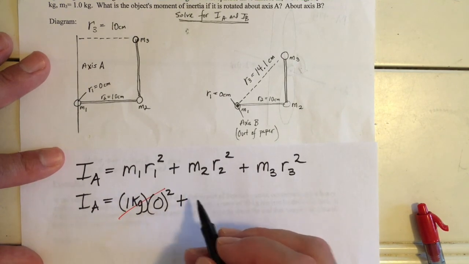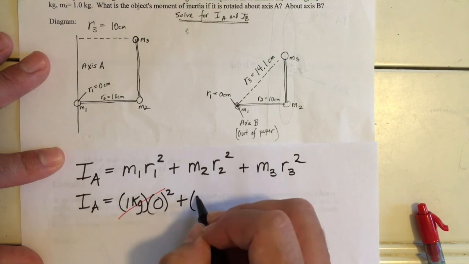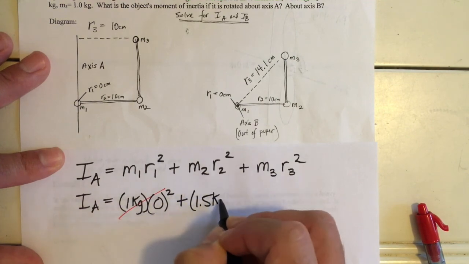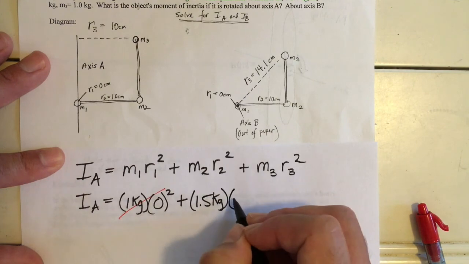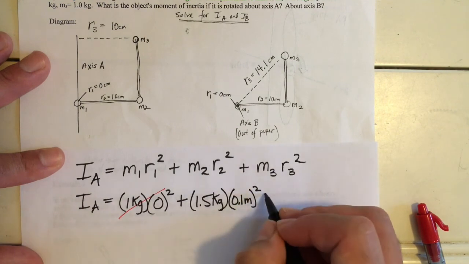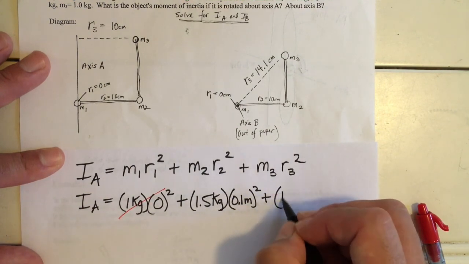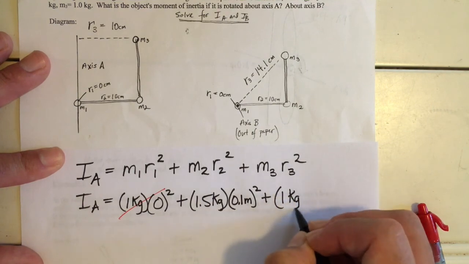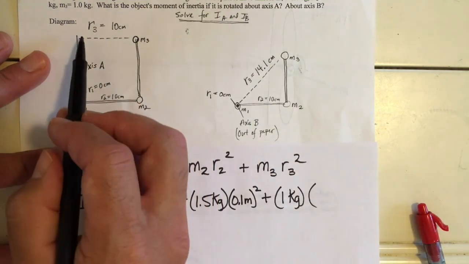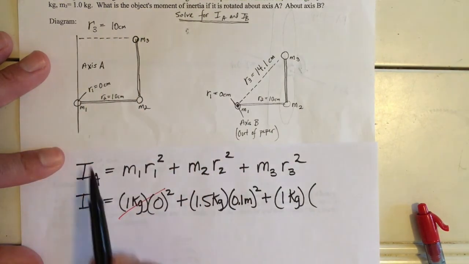All right, so let's go ahead and get the second mass here, which is 1.5 kilograms. Distance is 10 centimeters. I'm going to convert that, so 0.1 meters squared, plus M3, which is 1 kilogram again. And the distance here for object A is going to be 10 centimeters for M3 from the axis of rotation.